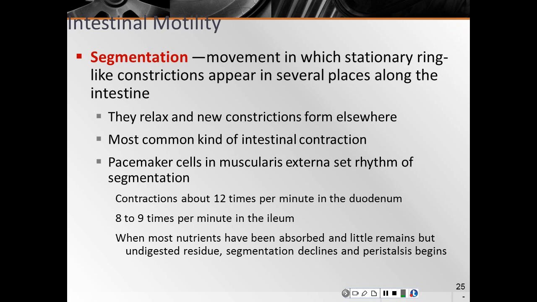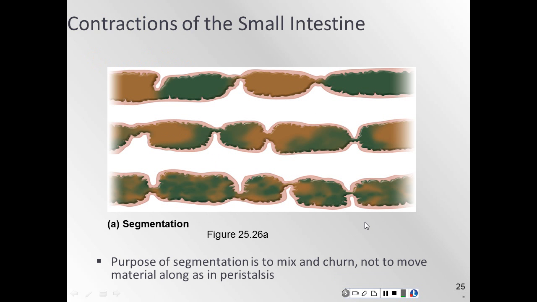Alright, for segmentation, I want you to look at that diagram. Here's the information that we're going to talk about. But I'm going to turn to your book, or if you have the book open, you can just look at the diagram there. Figure 25.26a shows you a diagram of segmentation, and that deals with the movement in which stationary ring-like contractions appear at several places along the intestine and then relax as new contractions form elsewhere.